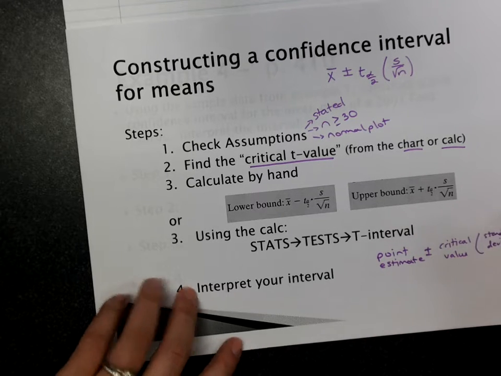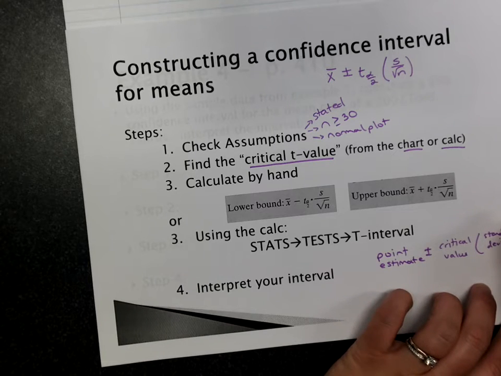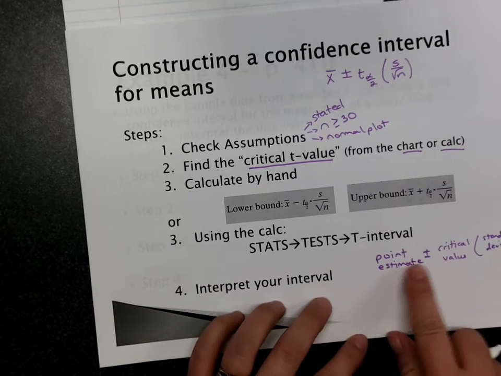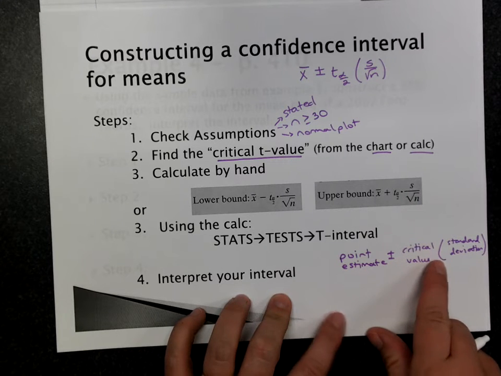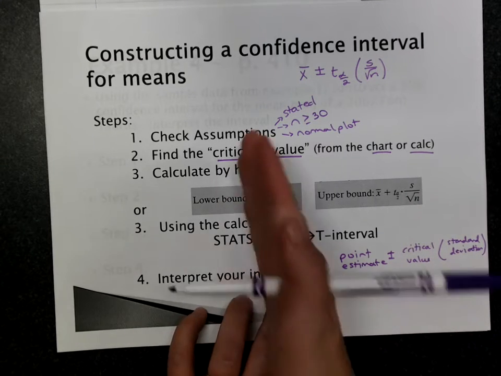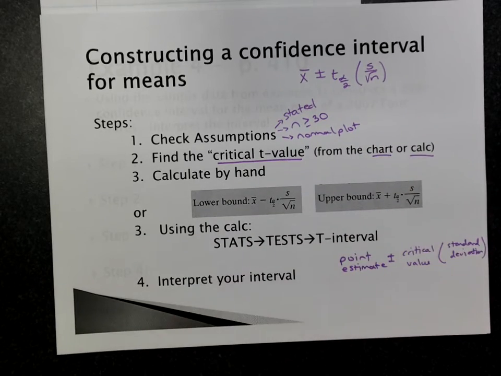Students get really bogged down in these formulas, and if you can remember the big idea, the main setup of how this works, the point estimate plus or minus the critical value times the standard deviation, it will make these a little easier to look at.